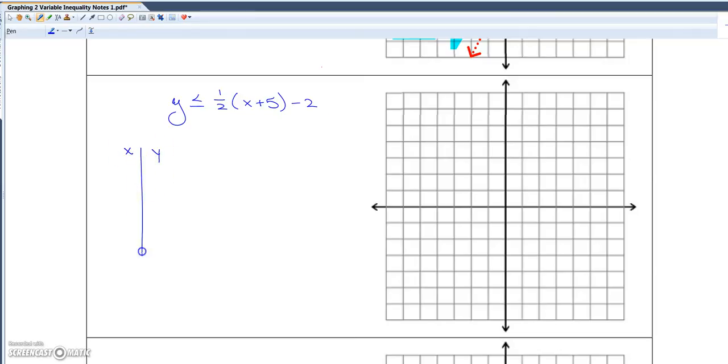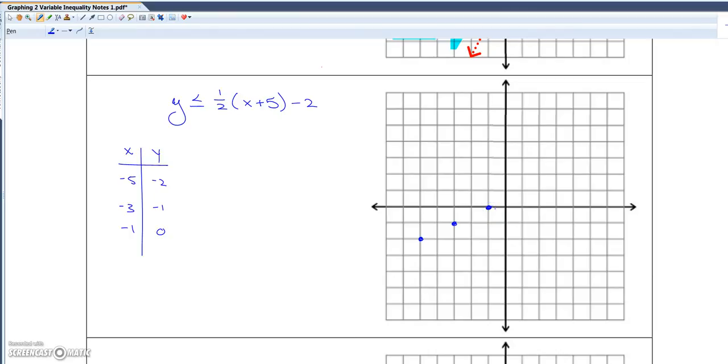The T-chart this time is going to begin with a 0, negative 2. The slope says go up 1 and over 2. Those 3 points on the actual graph are going to be here, here, and here.